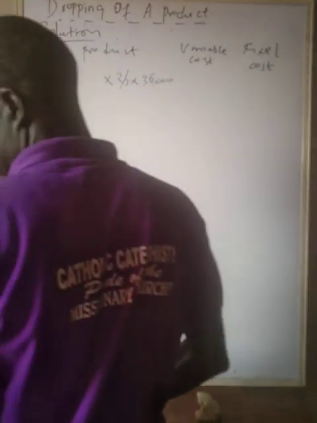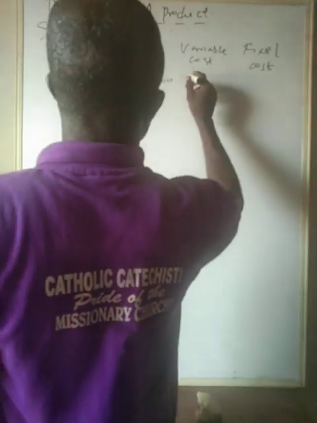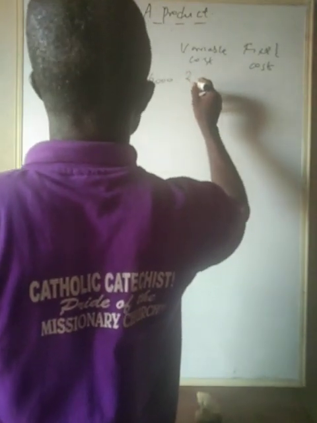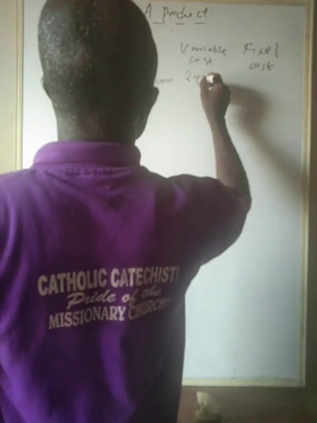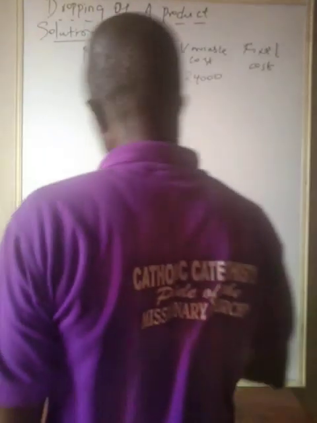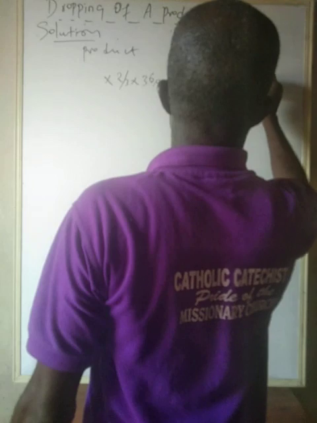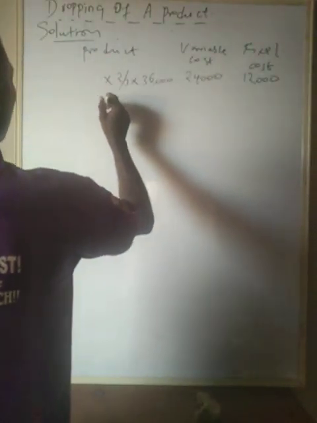That gives us the variable cost. The variable cost is 24,000. And the fixed cost is what? The fixed cost is 12,000.